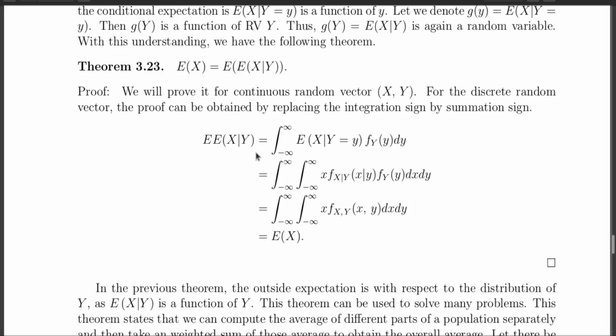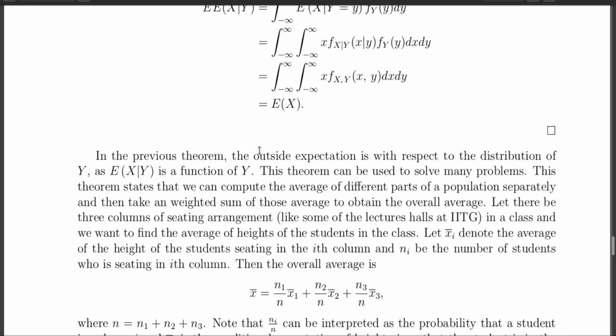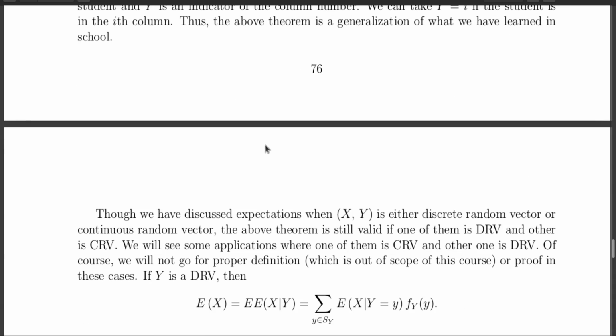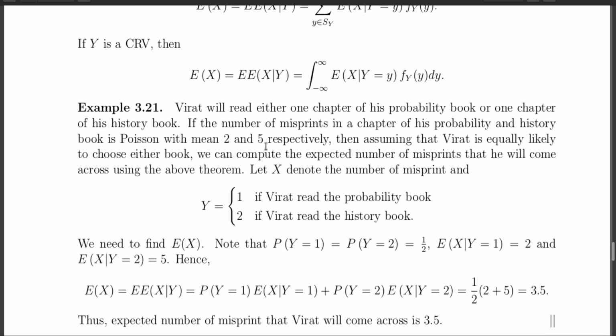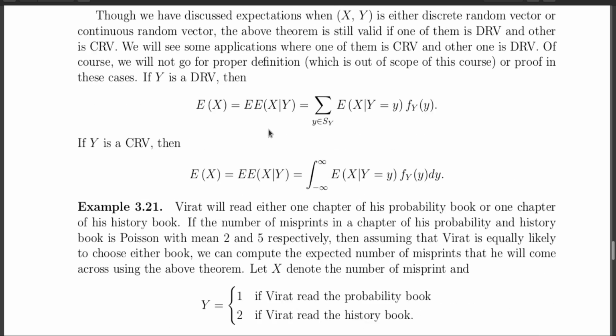We can use it to solve many difficult problems. Okay, let us see some examples. Before going into more examples, see that if y is discrete, then when I take the expectation with respect to y, this outside expectation will be a summation.